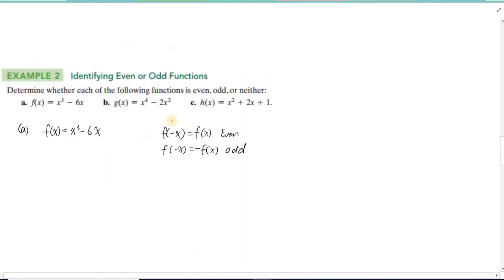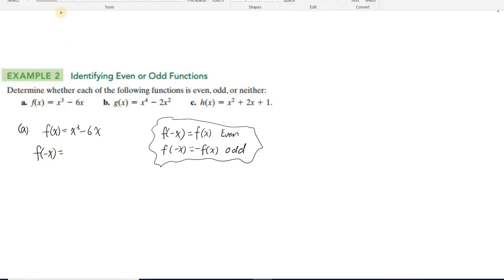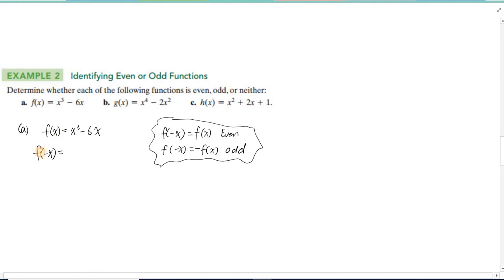This is the formula. I'm just going to write it on the side, so that way you can know what to do. Anytime they give you something like this, all you have to do is evaluate f of negative x. We did some examples in 2.1. When you have negative x, that means anything inside this parenthesis, just like when you evaluate f of 2, you plug a 2 for every x you see.